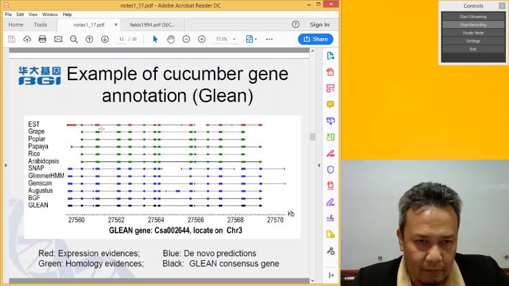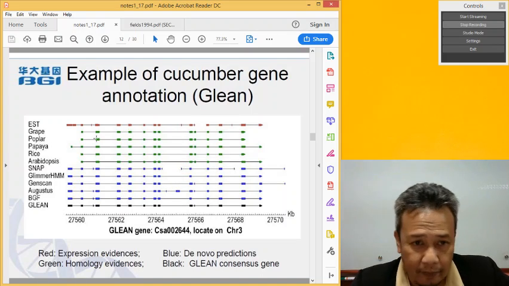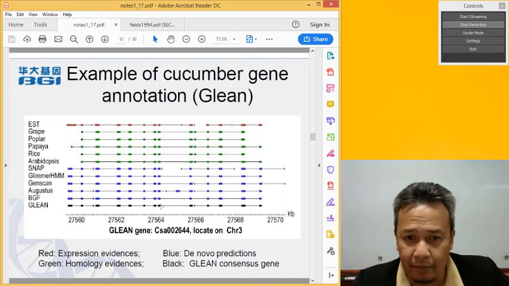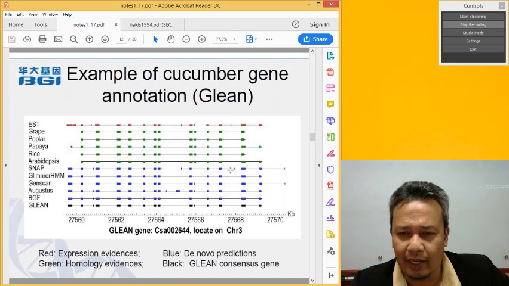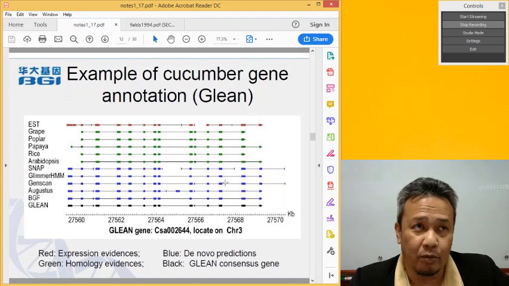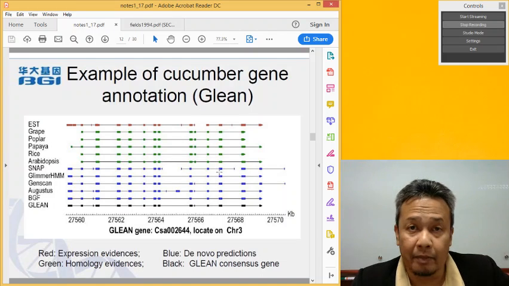Because you can see this box is present in almost all other methods, so that's actually there. These small boxes don't appear much. Even this one appears twice, this one appears like 4 times, so it is accepted. But if it just appears once or twice, it is not accepted. It's regarded as something that is not real. Okay, so that's a little bit about how to predict a gene.